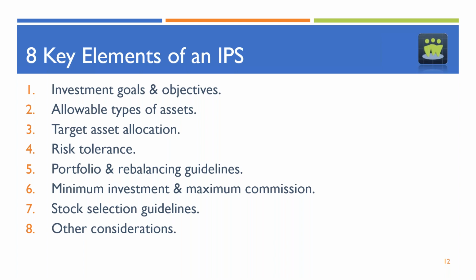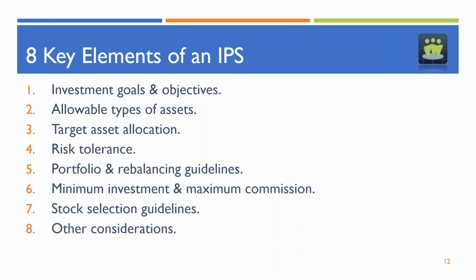So you want to address your overall investment goals and objectives, the allowable types of assets. That's very important. It may already be defined in your partnership agreement or bylaws. The target asset allocation, especially with respect to asset types and portfolio diversification. The risk tolerance is always a good idea to address.